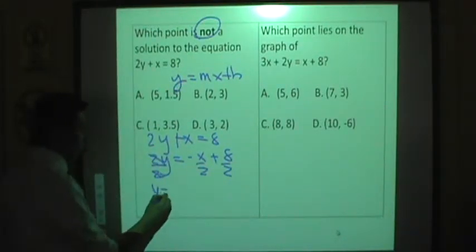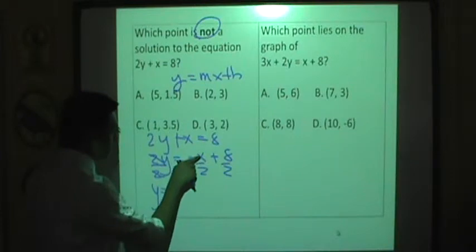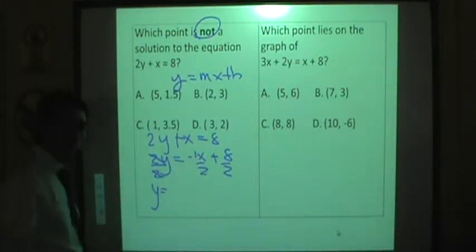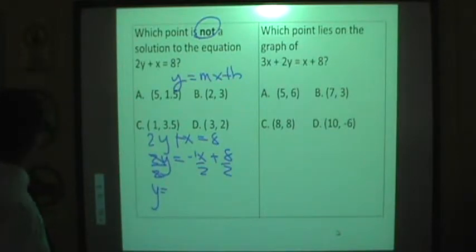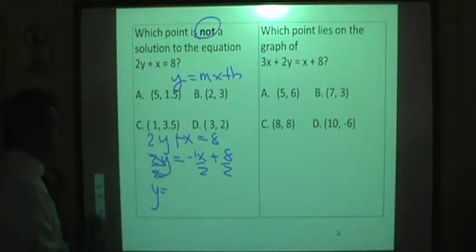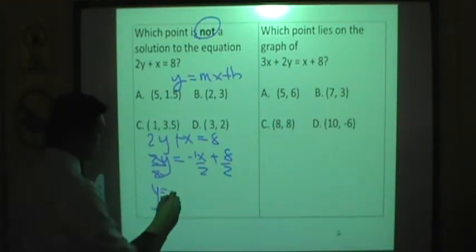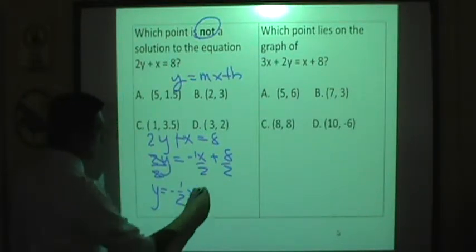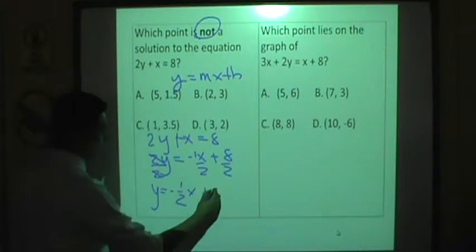Now you have to remember that, see that negative x over 2, there's this invisible one beside that x, and we call that the numerical coefficient. So instead of saying negative x over 2, why don't we write it in the proper way, which is negative 1/2 x. Okay, so there's a 1, and then plus 8 divided by 2 is 4.